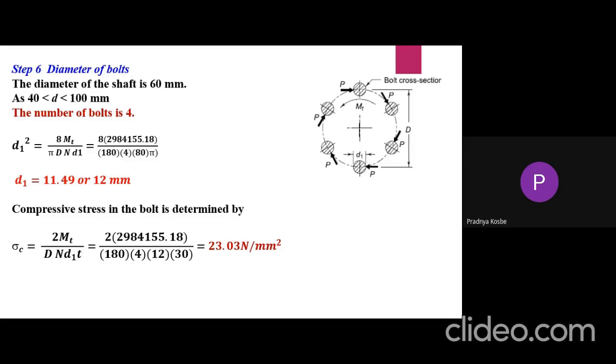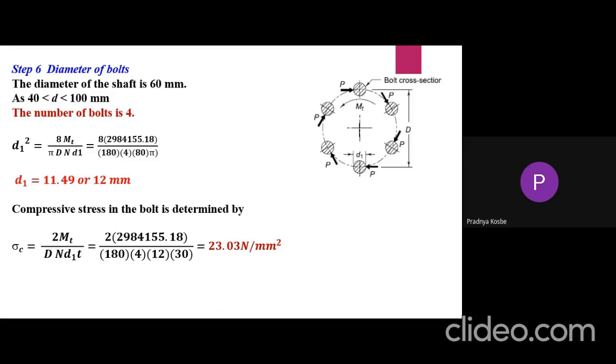As in this case, mt is equal to p into d by 2 into n, where mt is the torque, p is the force acting on each bolt, d is a pitch circle diameter of the bolt.